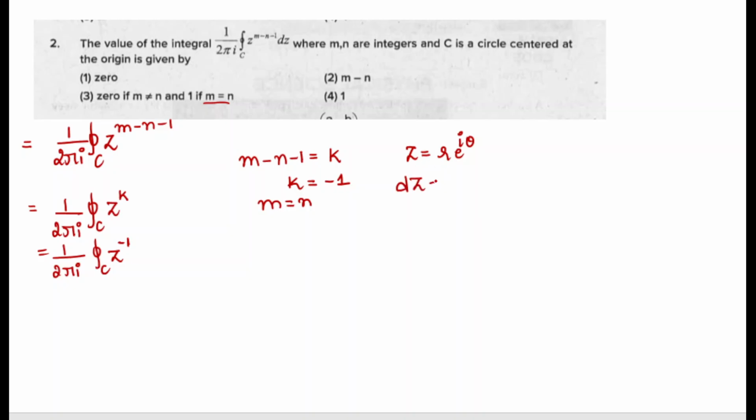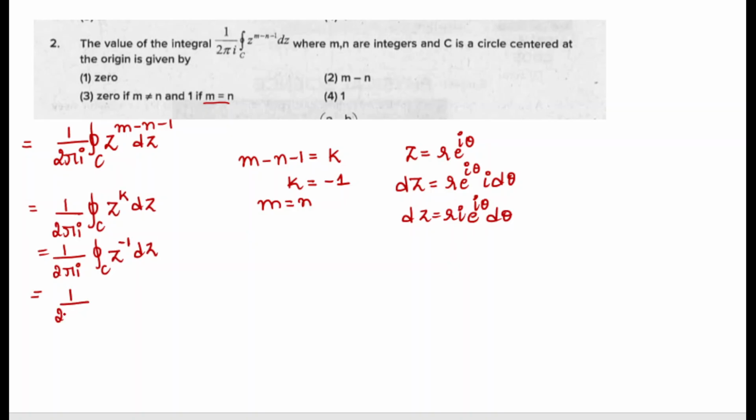Differentiating with respect to theta, dz is r into i e to the power of i theta d theta, with integration from 0 to 2 pi.